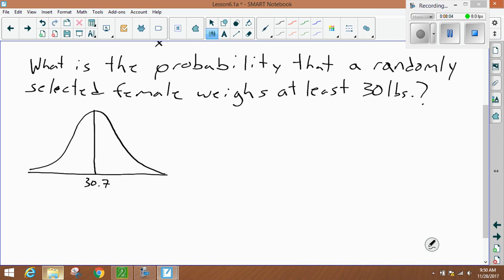And so 30 pounds is going to be slightly below. At least means what? Which side do I shade? Right? Okay, cool. We're good.